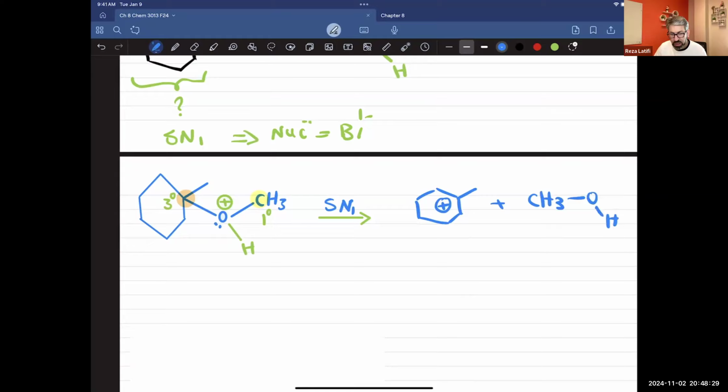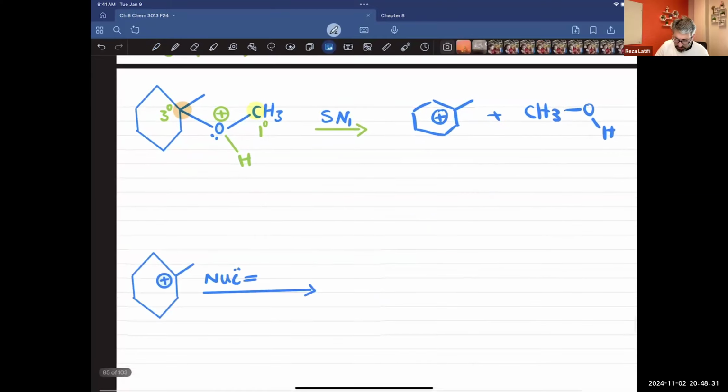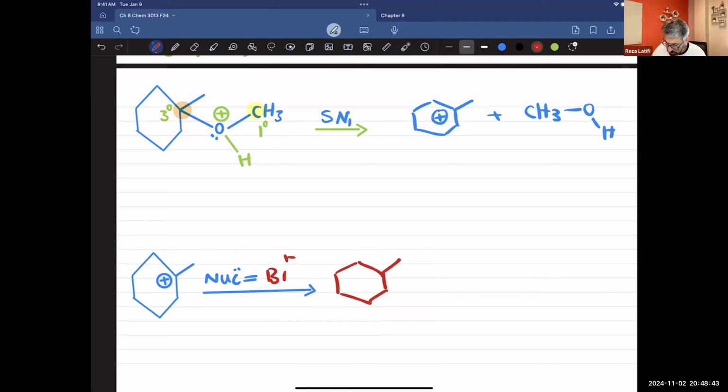And then this intermediate will react with the bromide as a nucleophile. And this is going to be our final product. Okay, so we got this product. The first product that we had was that alcohol. This is the second product.